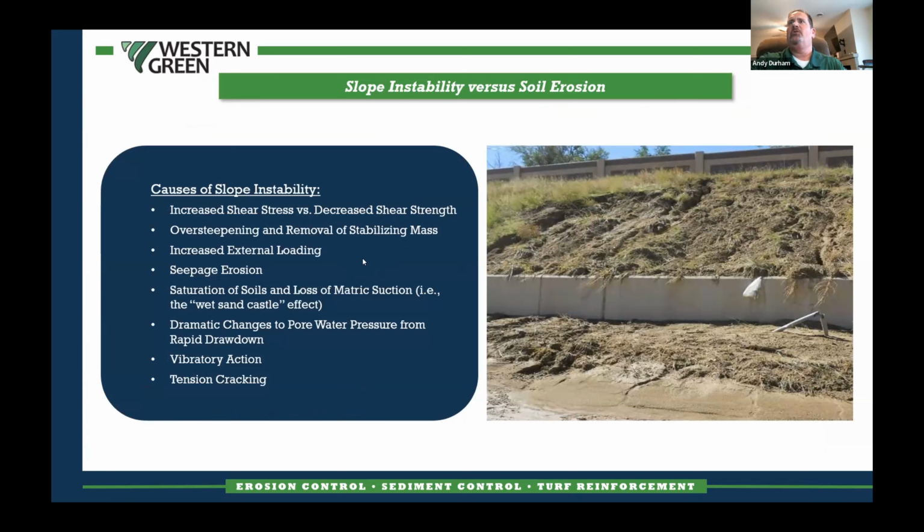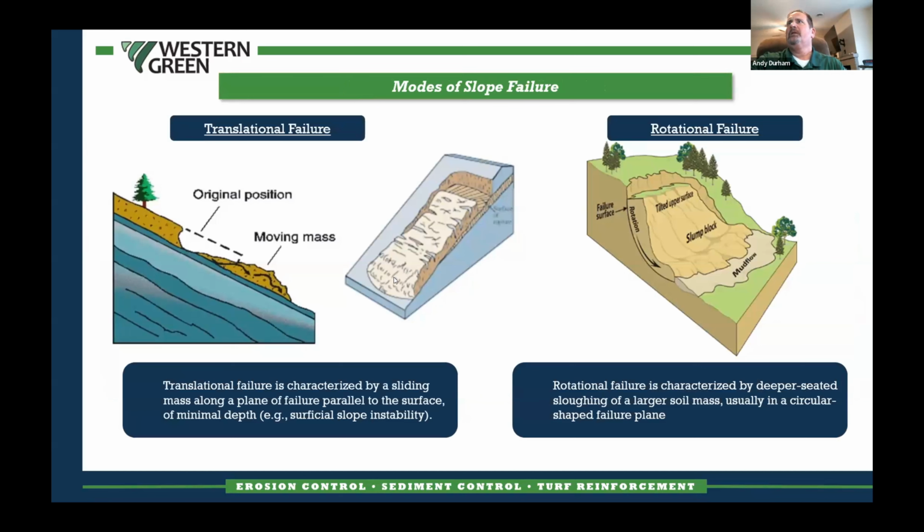Increased loading, erosion of seepage, saturation, poor water pressure changes, vibratory action. There's a lot of things that can contribute to slope failure and slope instability. And just want to be cognizant of what those are when you're looking at evaluating or designing something on a steep slope.